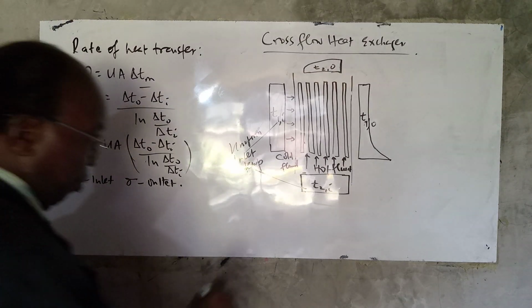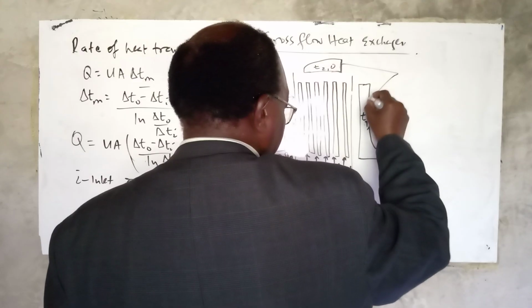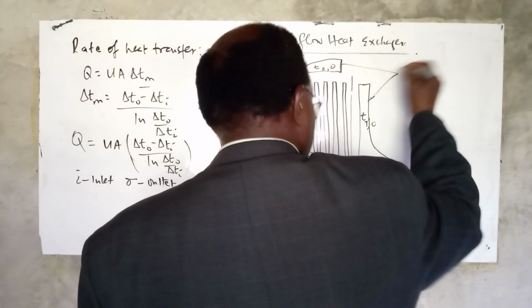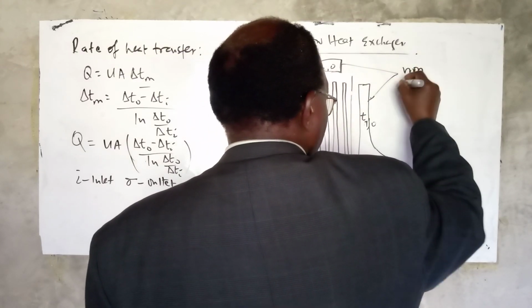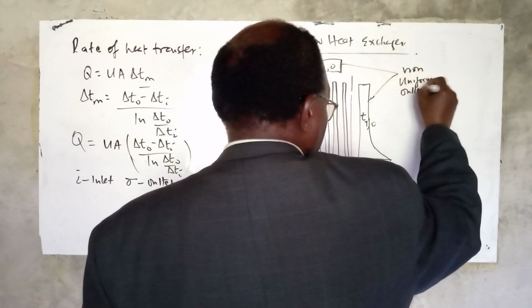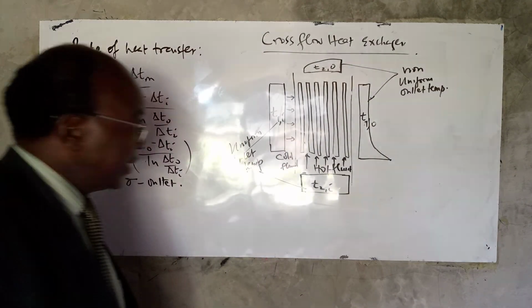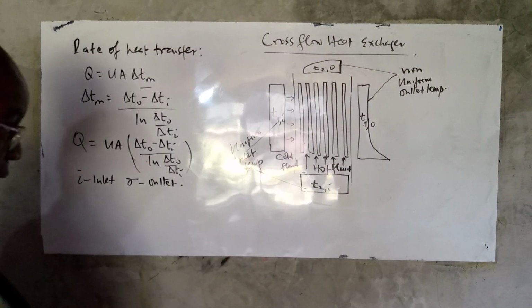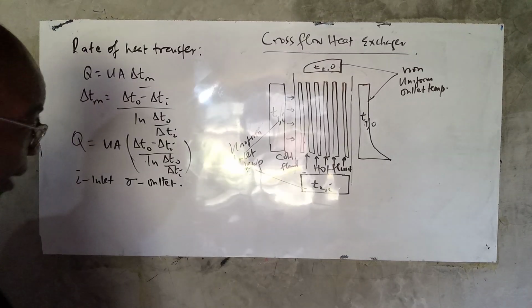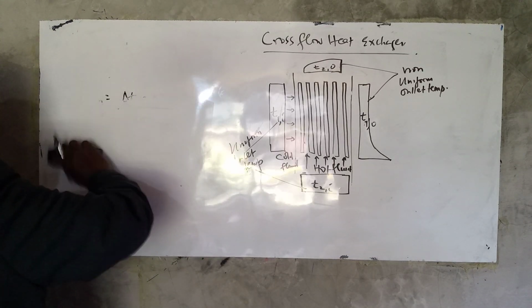So this is an example of a cross flow heat exchanger. Now, these are non-uniform outlet temperatures. So you can see the temperature profile in both cases, at the inlet and at the outlet.